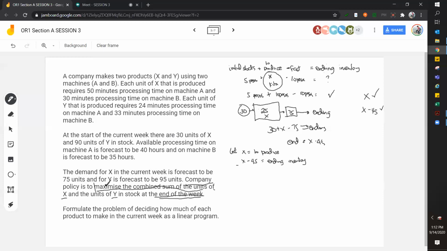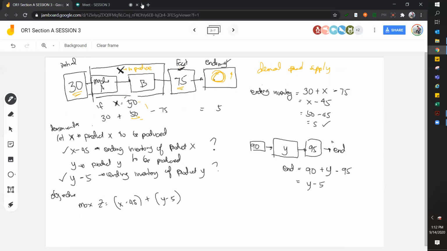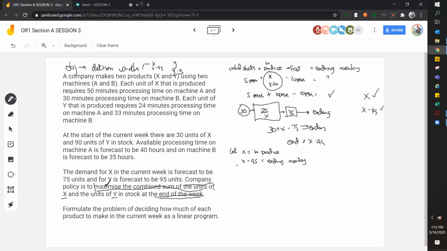So, let's meet the objective by determining yung ating mga decision variables. Ang decision variables natin parang nag-aapat. So, we have x, yung x minus 45, then y, at saka yung y minus 5 kung hindi ako nagkakamali. Yung kakayanin niya. Okay? Isosolve natin to.